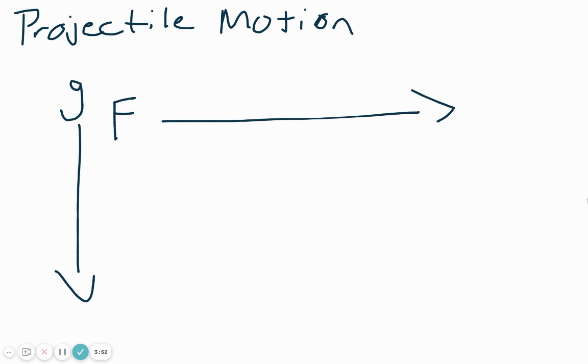And so we just talked about how these types of motion are completely independent of each other. And so they create that curved path, which we call a parabola. And that's the path that the object ends up taking as a result of these two different forces. We've got the force pushing in the horizontal direction, and we've got the force pushing in the vertical direction, which is gravity. And so this is the curve that we get.